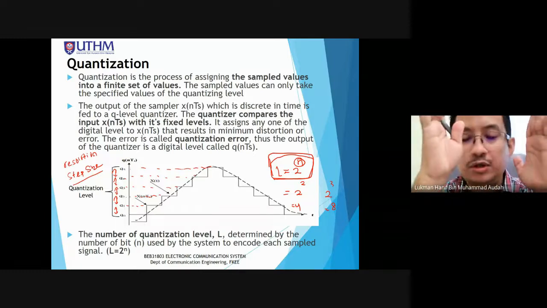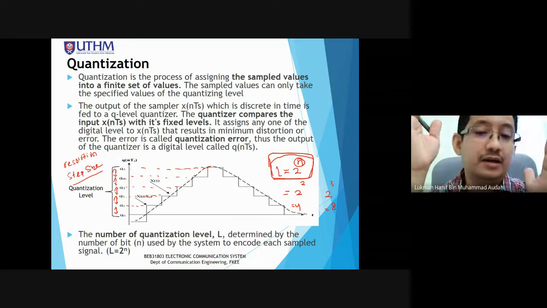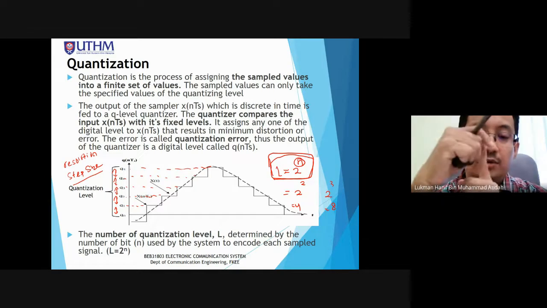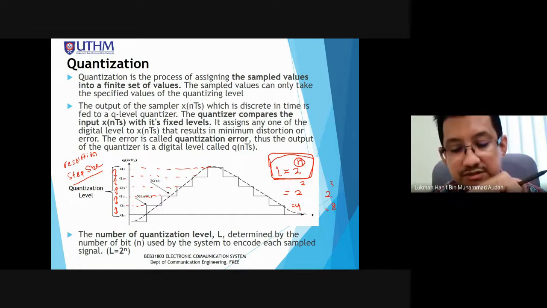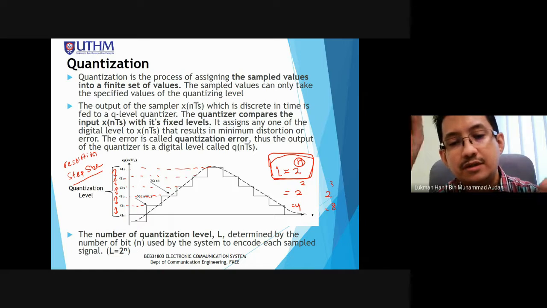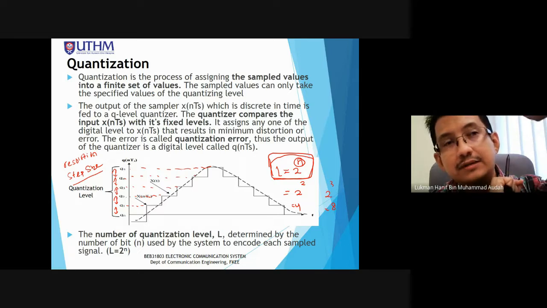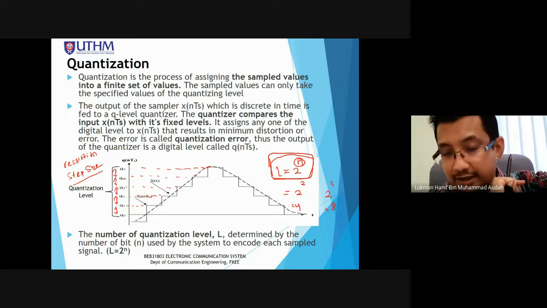Kita perlu patuh kepada bandwidth yang ditetapkan. Otherwise there's going to be problem. Okay, so apabila kita design communication system, one of the most important parameter is the bandwidth requirement. Itu antara parameter yang paling tinggi yang kita perlu fikirkan.